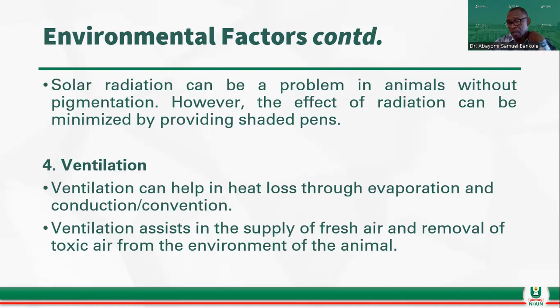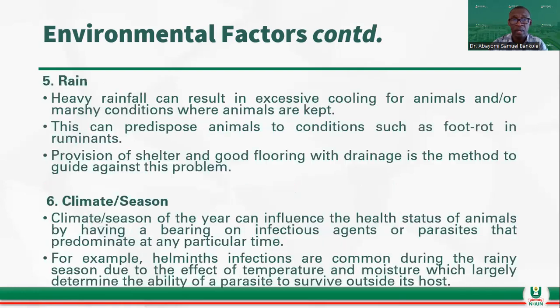Another environmental factor is ventilation. Now, ventilation can help in heat loss through evaporation and conduction or convection. Ventilation can also assist in the supply of fresh air and the removal of toxic air from the environment of the animal. We go straight to number 4 environmental factor, and that's rain.